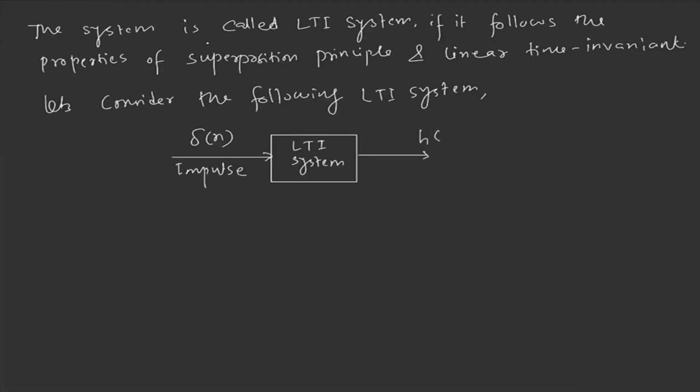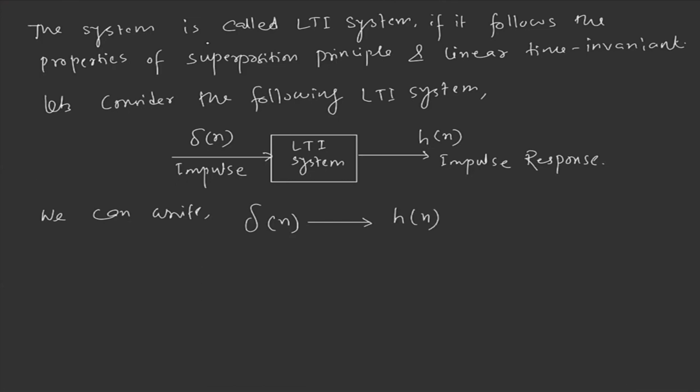Let me denote it as h n, the impulse response. From this we can further write, del n is passing through the LTI system and giving the response h n.